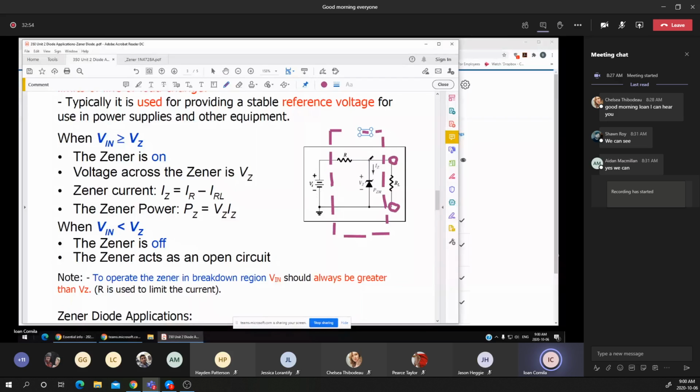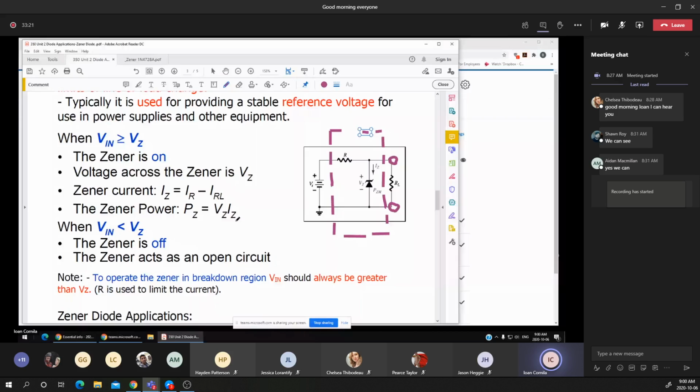At this junction, the current is split into two currents, the IZ and the IL, or the IRL. Another useful equation we may see in solving problems is the PZ or the PD. Usually I use PD, which is more intuitive, the power dissipation of the Zener diode, as the VZ multiplied by IZ.